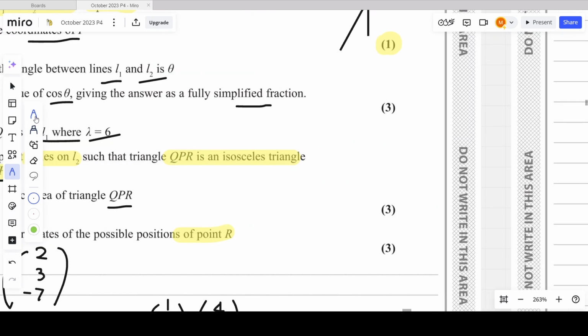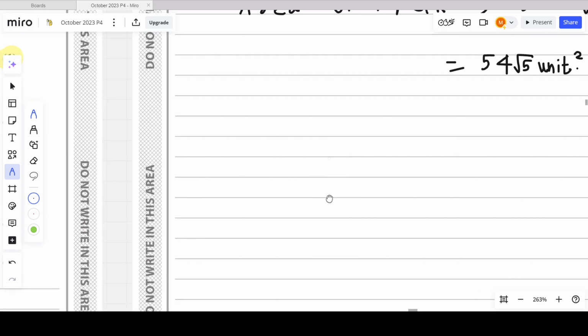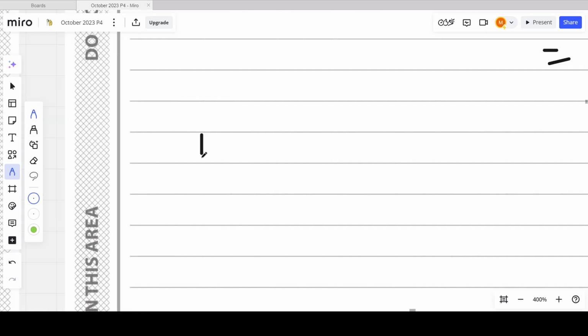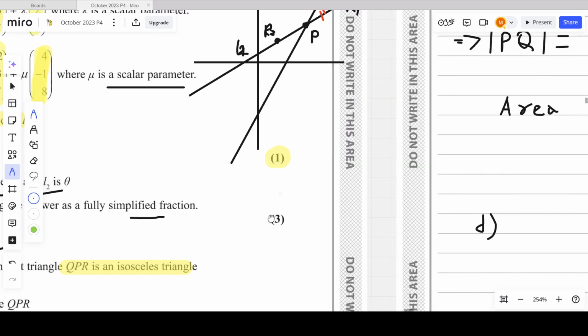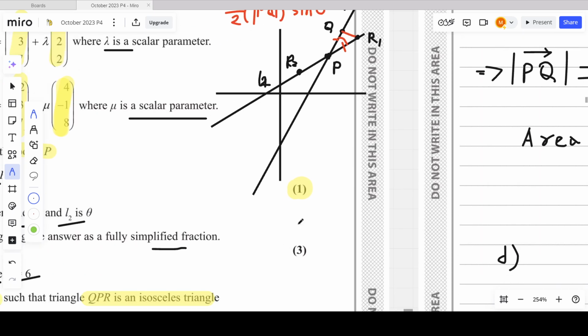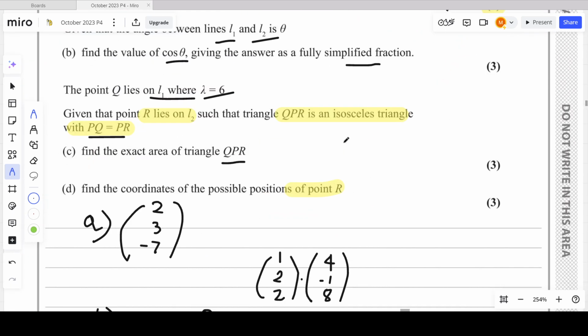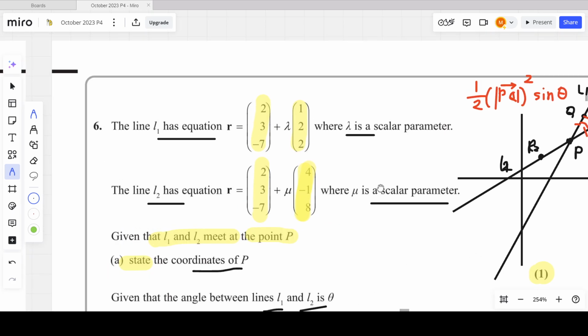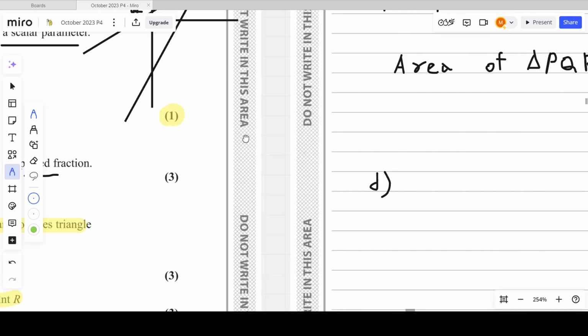Before that, since point R lies on the line L2, definitely the coordinates of point R will follow the equation of line L2. So what was the equation of line L2? 2 plus 4 mu.